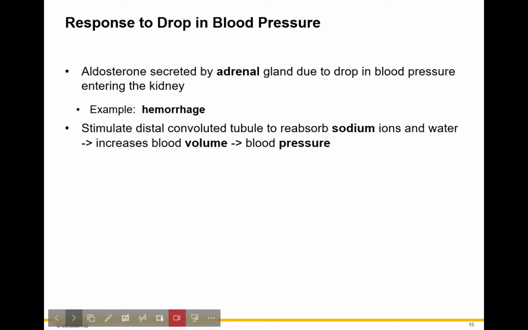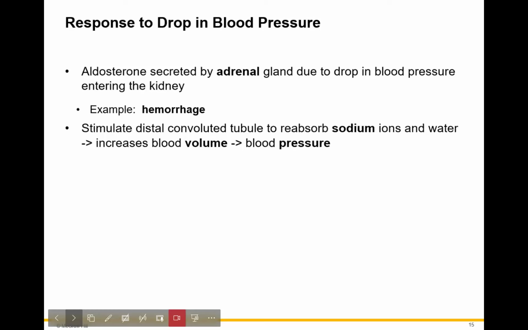Your cardiovascular system doesn't want your blood pressure to drop, so this sometimes may cause your kidneys to have to work a little harder.